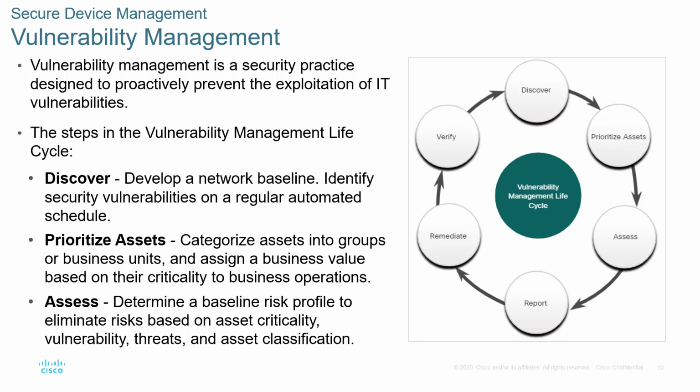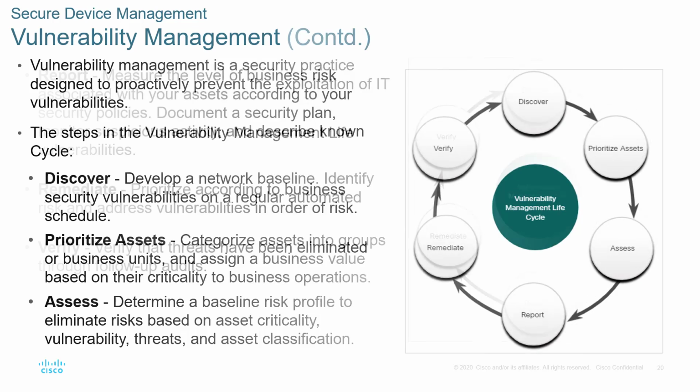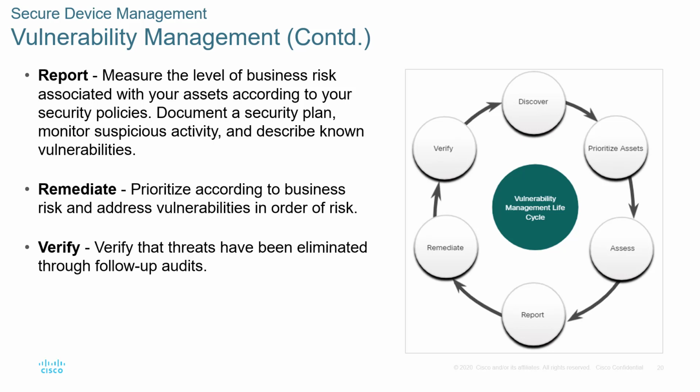We discover the vulnerabilities, we prioritize our assets so that we can remediate the assets that are the most crucial. We assess them. We will determine with that assessment a base level of risk. We can also classify. Within the report, we measure the level of risk associated with that asset to the business. We might also develop a plan.